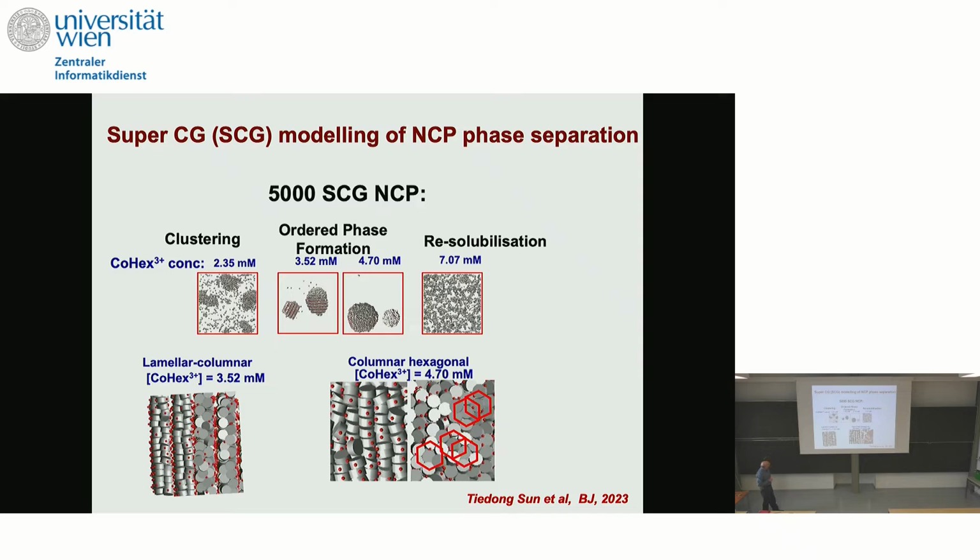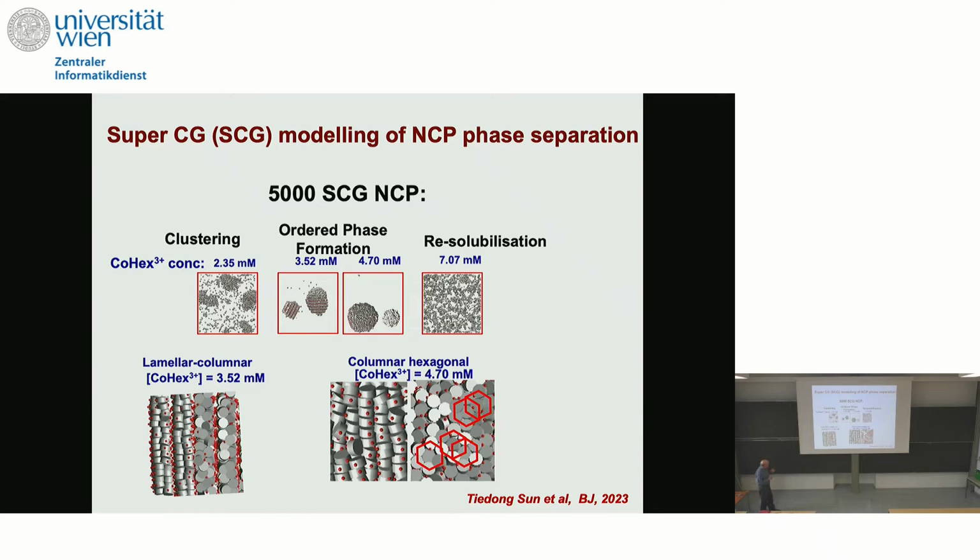to super coarse-grained modeling. Depending on the concentration, you get different types of aggregation, and in a given range here, you can see the formation of ordered phases. One very interesting aspect is the lamellar columnar phase. This has been seen experimentally, but not in the presence of cobalt hexamine, under other conditions.